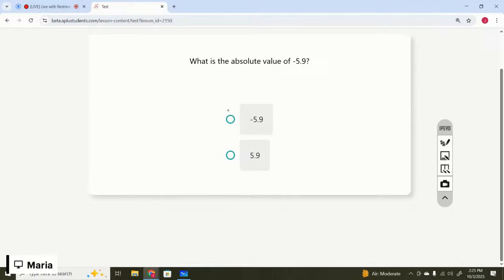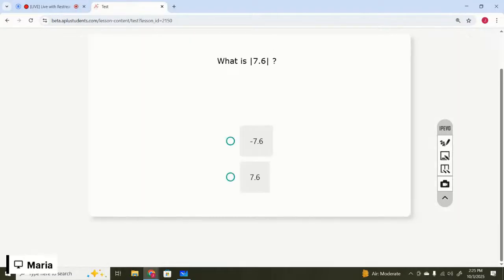What is the absolute value of negative 5.9? That is 5.9. Option number 2 is the correct option. Absolute values are always positive values.